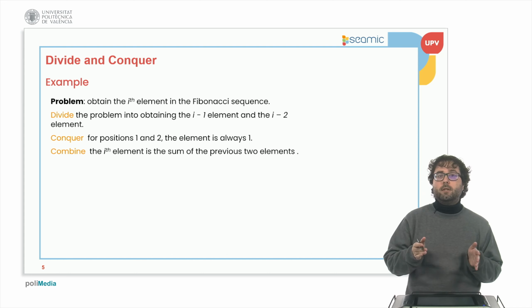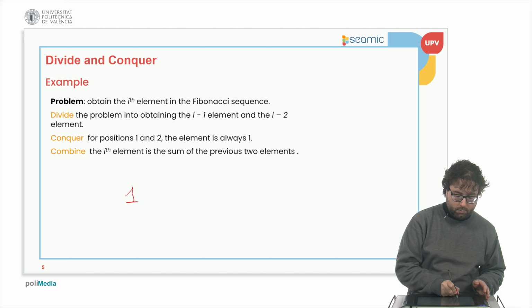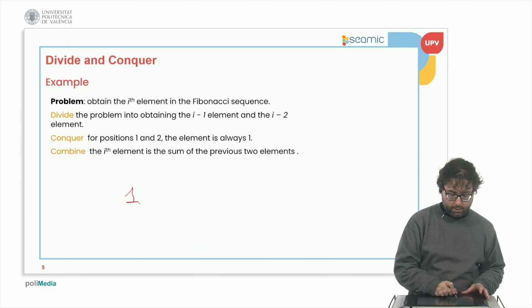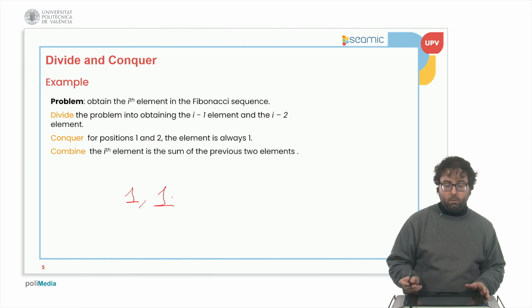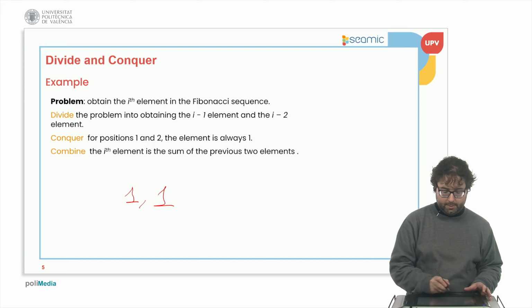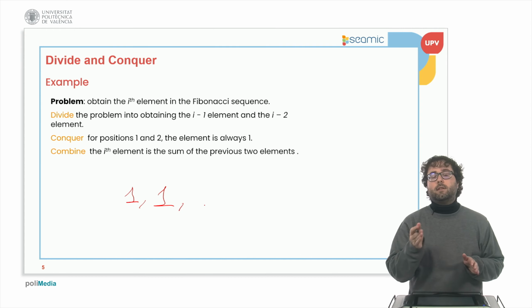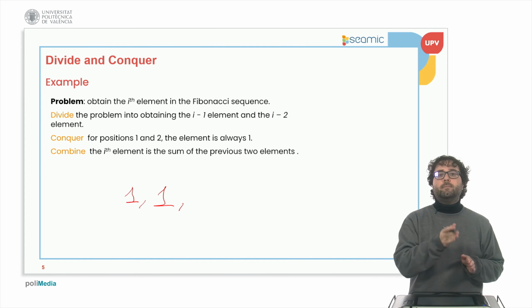Because if you remember, the Fibonacci sequence always starts with 1 and 1, which those positions will be our base case, and then the next position is the result of adding the previous two.